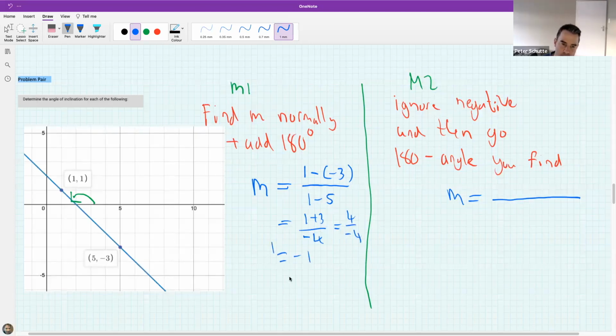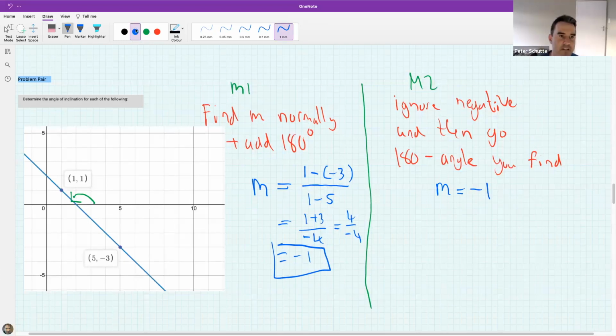Okay, so it feels to me like the gradient is -1. Now, in the first method that I showed you, if you go -1 is equal to tan theta, that's completely fine.